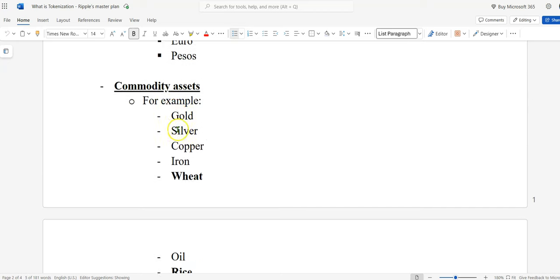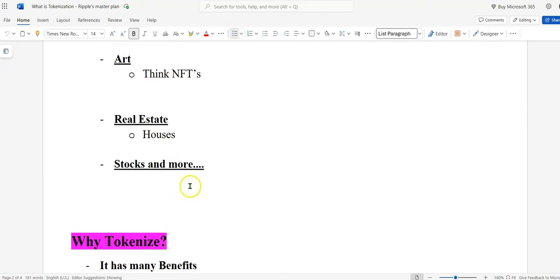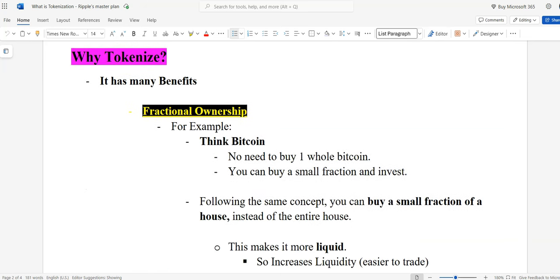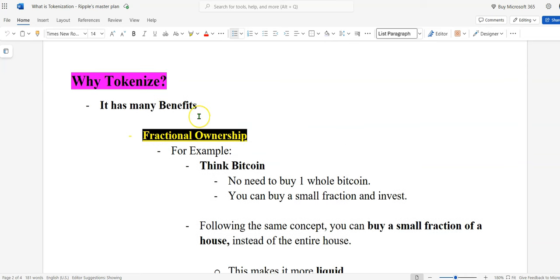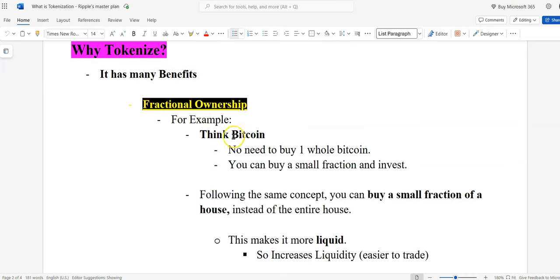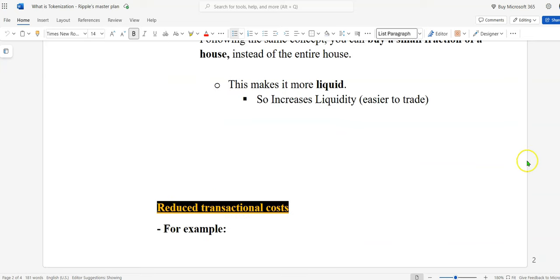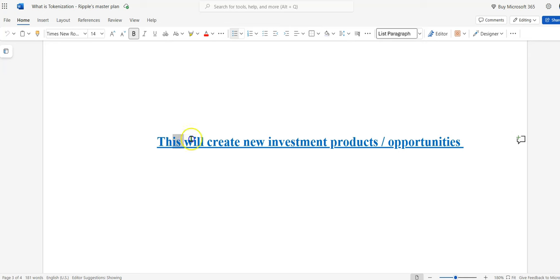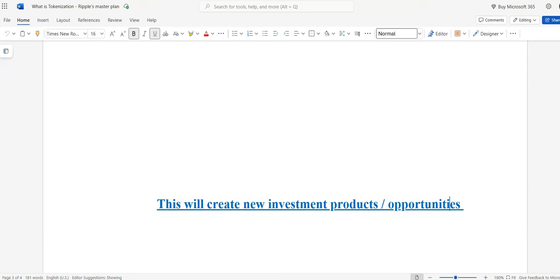These are only some examples that I put here. Everybody's houses, I think you could even tokenize maybe a driver's license or something. I don't know. There are just so many things that could be tokenized. So this will create new investment products and opportunities. So something to keep in mind.